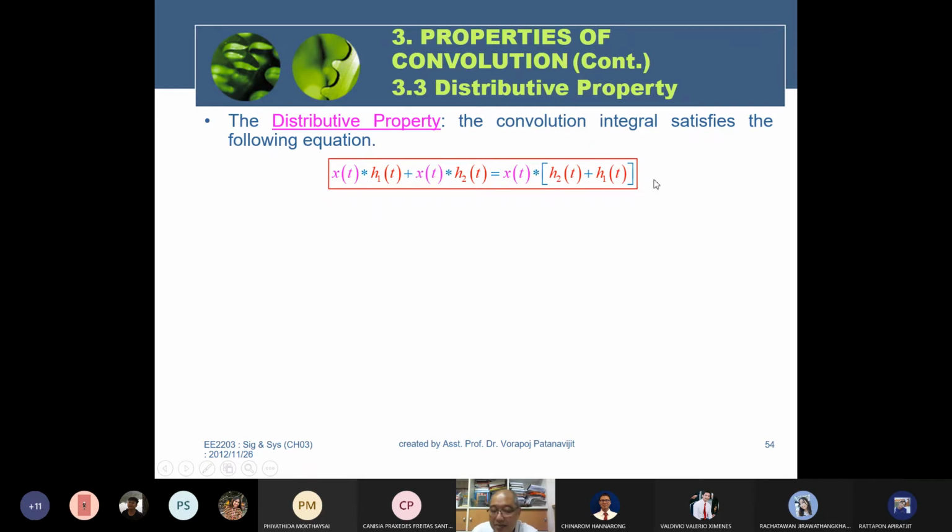But sometimes, if the signal is very complicated and you cannot convolve with them directly, right? I told you that in real telecommunication, the 5G signal is very wide band, wide enough to transmit multimedia.